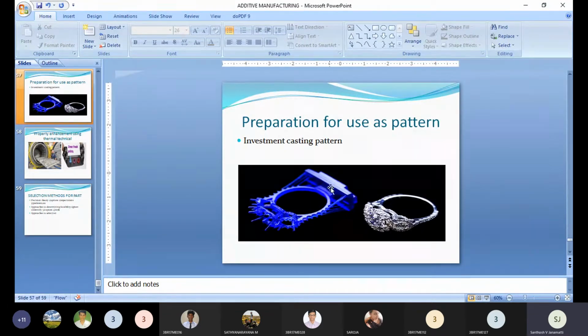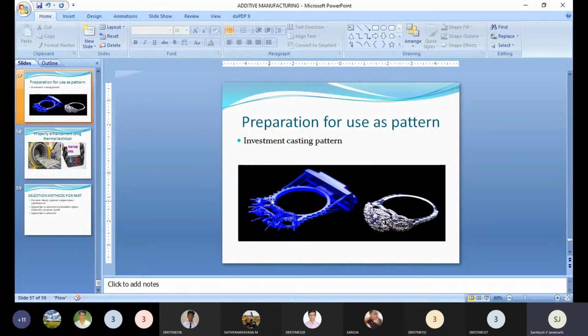This is our 3D product, the final finished jewelry ring, which is sometimes made of platinum or gold. Now it's the platinum ring, made of platinum material. To produce this ring, we are using a pattern. That pattern is made using 3D printing technology.